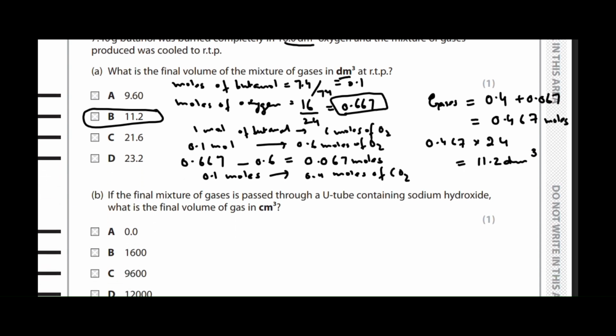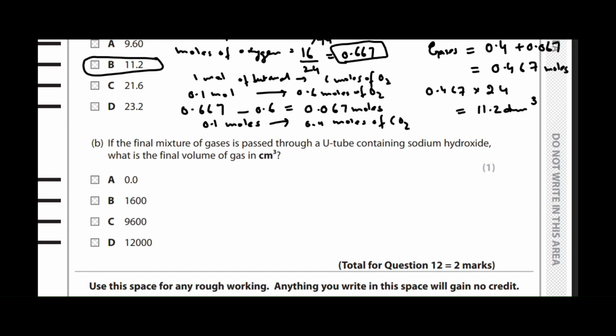Now, if the final volume of gases is passed through a U tube containing sodium hydroxide, what is the final volume of gas in centimeter cube? The final mixture contains carbon dioxide gas as well as the oxygen gas which was left after reacting with butanol. When you pass carbon dioxide through sodium hydroxide, it reacts and will be absorbed. So only oxygen gas will be left.